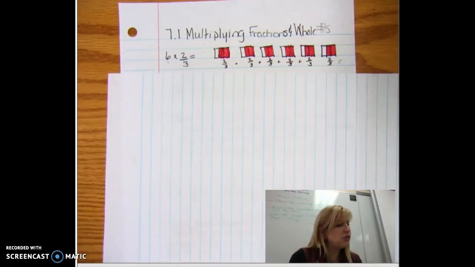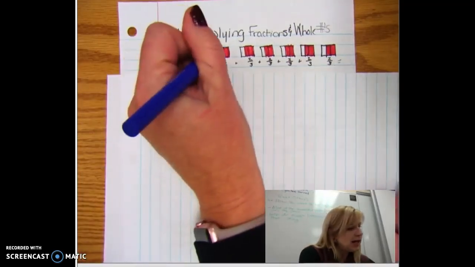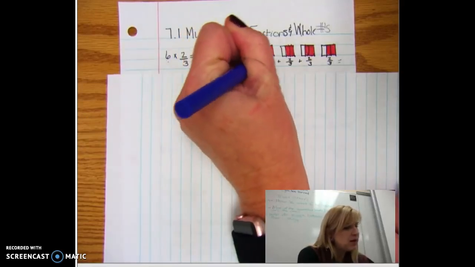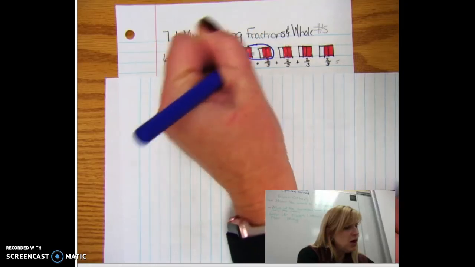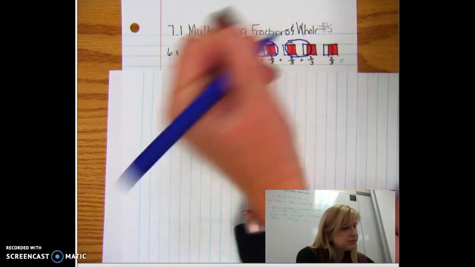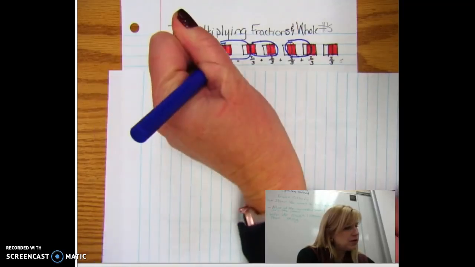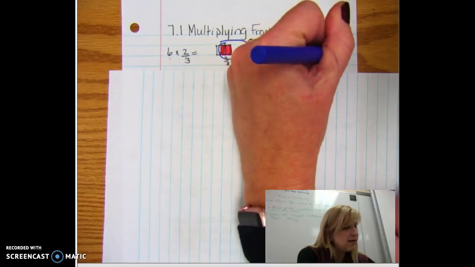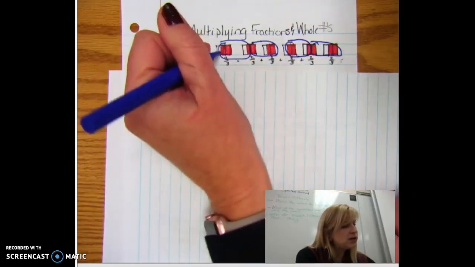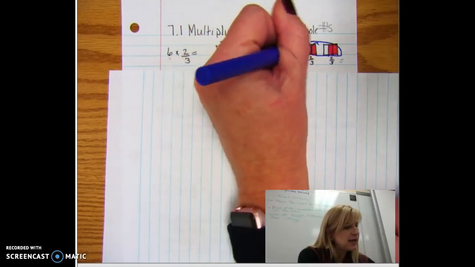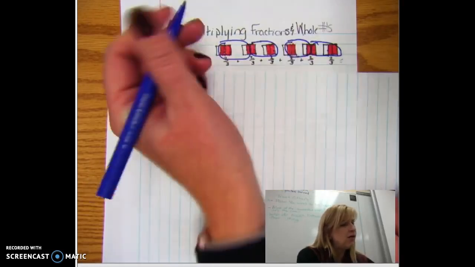I just want to show you what's going to happen. So I know that every 3 of these is going to be a whole. So there's 2 wholes with a WH. So there's 1, 2, 3, 4 wholes, or 1, 2, 3, 4, 5, 6, 7, 8, 9, 10, 11, 12.